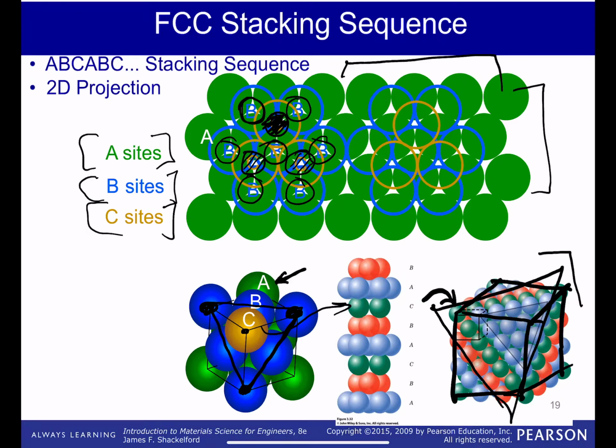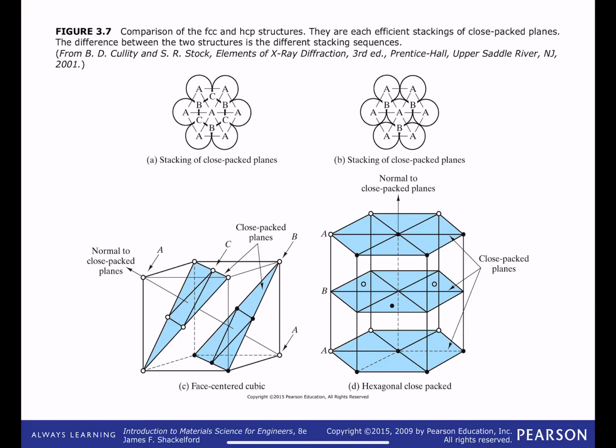Okay, so in the end, FCC is somewhat related to HCP in that we've got hexagonally close packed layers. However, they're offset in an ABC stacking sequence, whereas HCP has an eclipse pattern in that A, B, A are the stacking sequences there for hexagonally close packed planes of atoms. Just another diagram here if you had trouble seeing that.